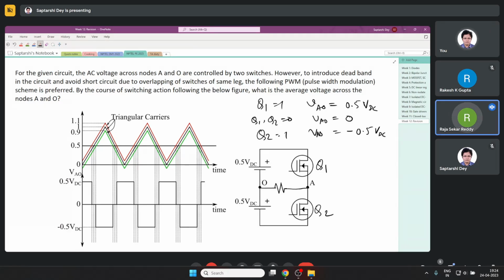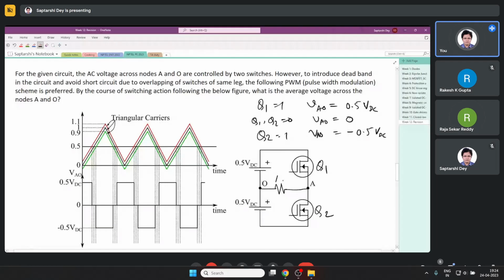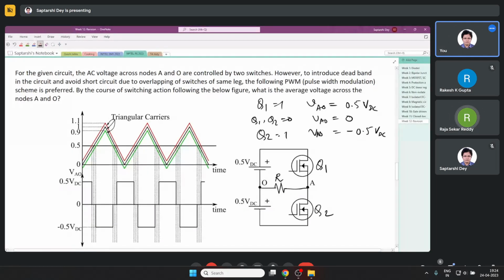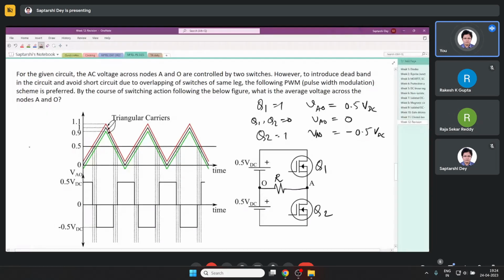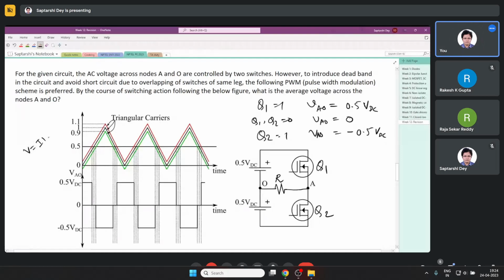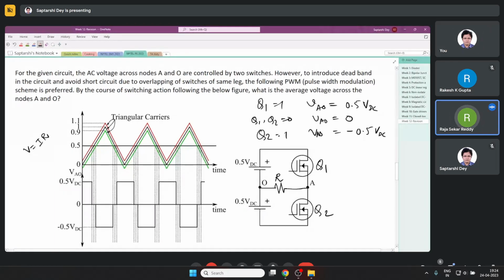Yes, even so, when Q1 and Q2 both are open. See, when both are open, will there be any current flowing through R? No. Then V equals IR. What is the voltage? 0.